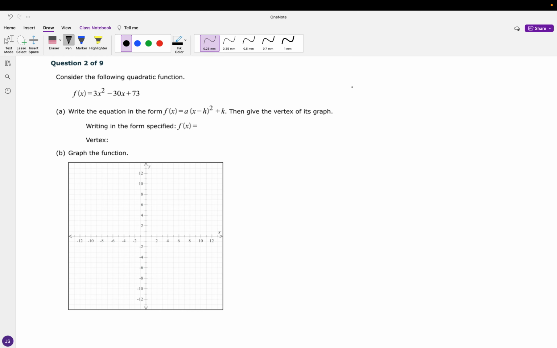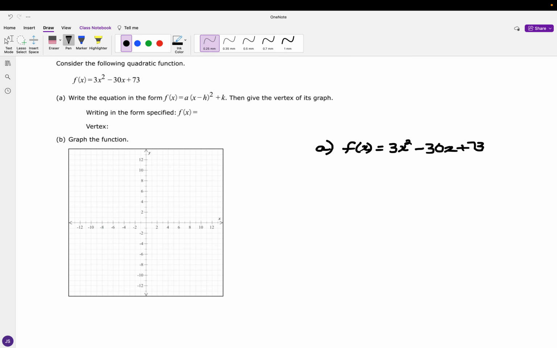For part A, the standard form is f of x equals 3x squared minus 30x plus 73.